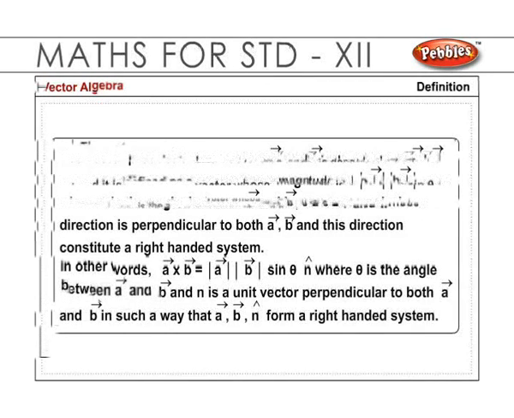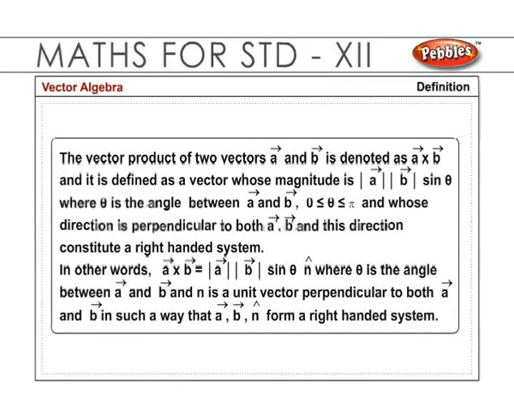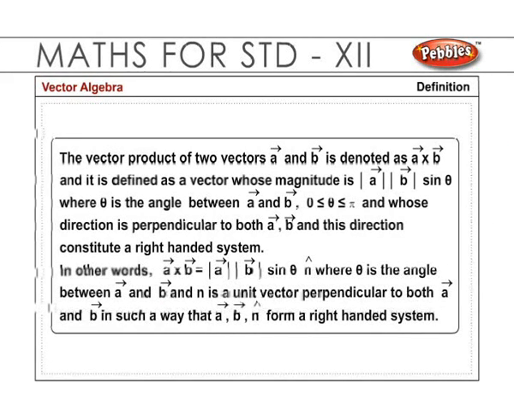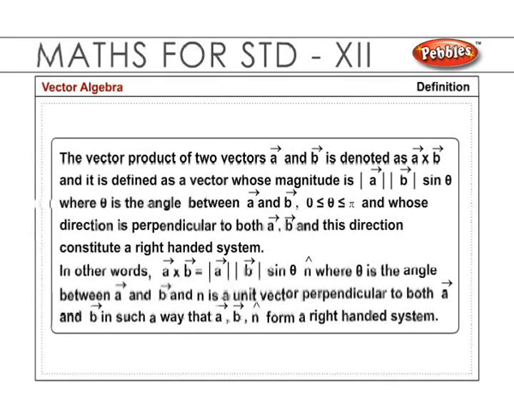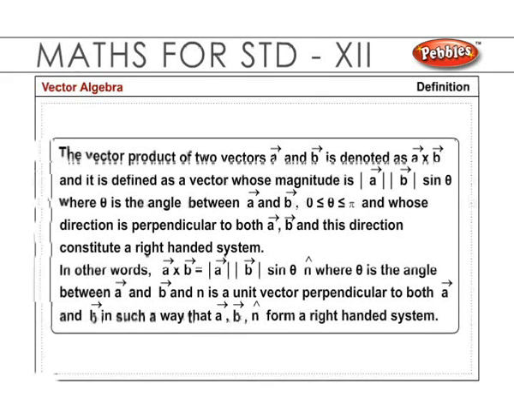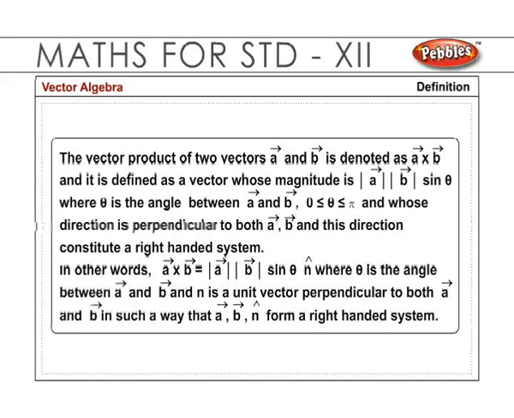Definition. The vector product of two vectors A and B is denoted as A cross B, and it is defined as a vector whose magnitude is |A||B| sin theta, where theta is the angle between A and B, 0 ≤ theta ≤ pi, and whose direction is perpendicular to both A and B, and this direction constitutes a right-handed system.